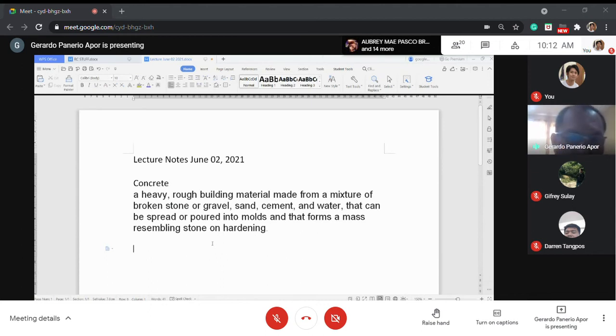A heavy, rough building material. Okay, that's correct. Heavy, yes, so you don't have to rebut that. A heavy building material made from a mixture of broken stone or gravel, sand, cement, and what is the most important, water, that can be sprayed or poured into molds and forms a mass resembling a stone on hardening.